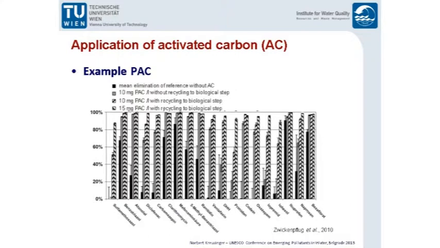In the one case, you just add it to the biological step and then you separate it again. In the second, you do some internal recirculation, so you can better benefit from the still available adsorption sites of the carbon, and you get different removal effects. So this technical fineness is really the challenge for the implementation.